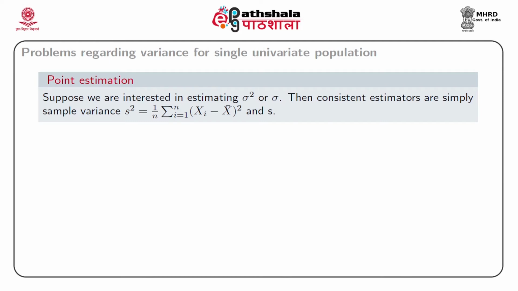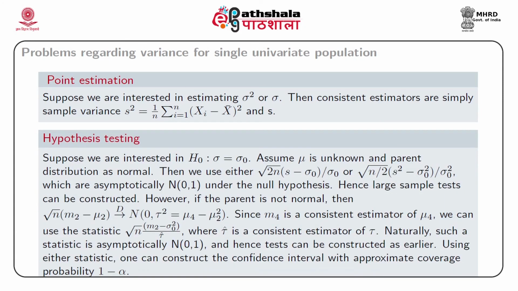Next comes hypothesis testing. Suppose we are interested in the null hypothesis sigma equal to sigma naught. Assume mu is unknown and the parent distribution is normal. Then we use either the statistic square root of 2n multiplied by s minus sigma naught divided by sigma naught, or the statistic square root of n by 2 multiplied by s square minus sigma naught square divided by sigma naught square, which are asymptotically normal 0 1 under the null hypothesis.